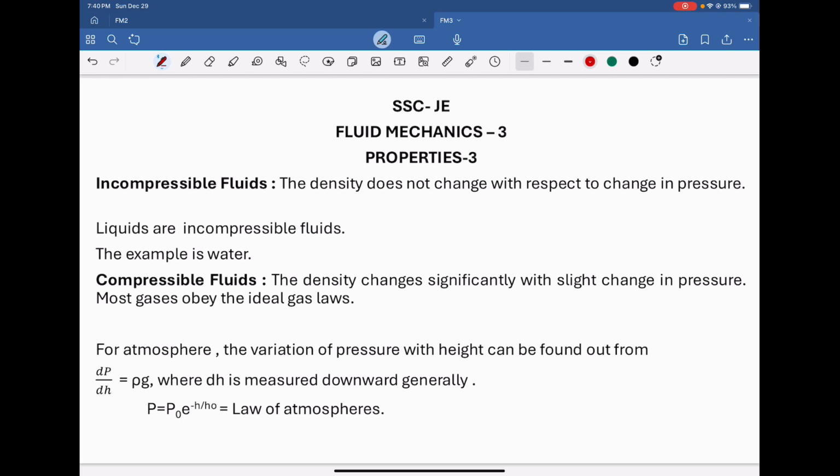Now, let's go for the incompressible fluids. Compressible fluid, air, we understood. Incompressible fluid means there is no change in the density or volume by a slight increase in the pressure.